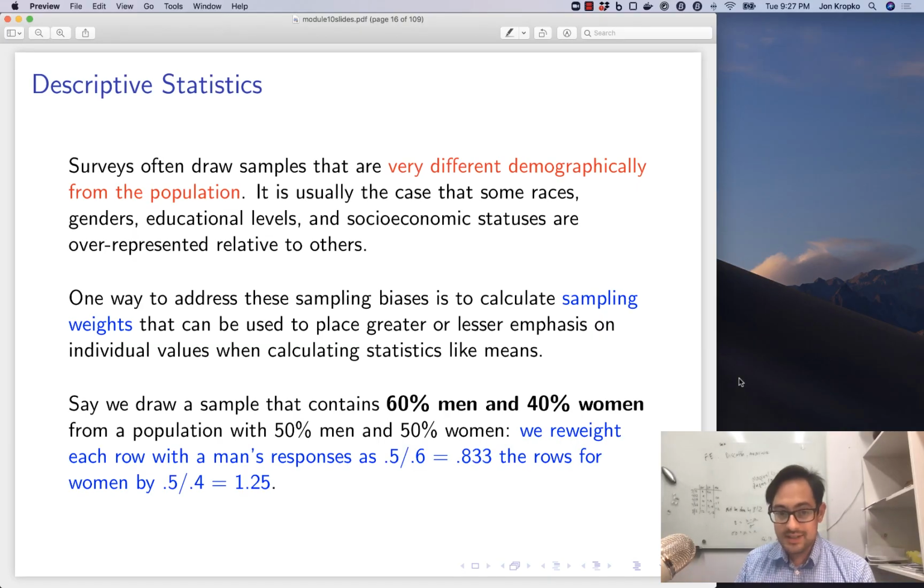As an example, let's say that we're trying to do a survey of the adult population of the United States: 50% men, 50% women. But for whatever reason, the sample that we get is 60% men, 40% women. Well, we could reweight each row for a man's responses down because they're overrepresented, and we can weight the rows for women up because they're underrepresented.